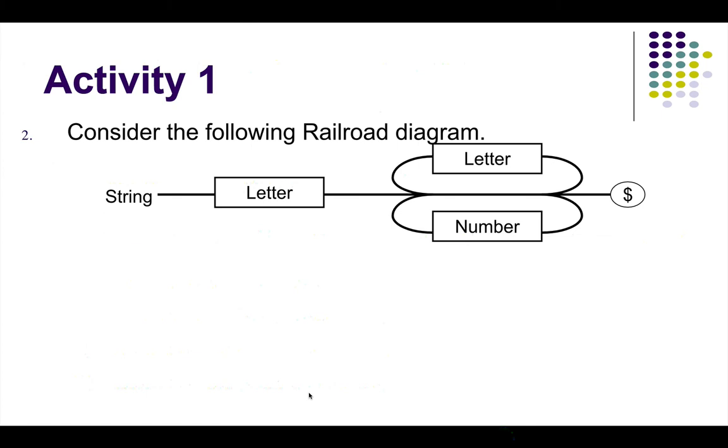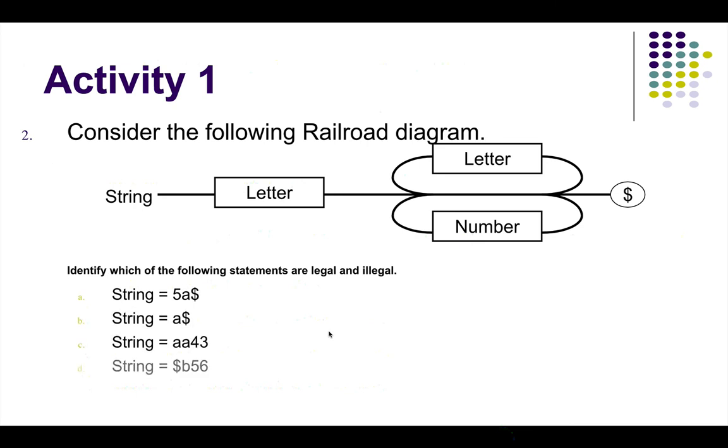Okay, here's the railroad diagrams. What we do is, it's called a railroad diagram because I follow it around, right? A string. This is a railroad diagram for a string. I go through here and it goes letter, okay?